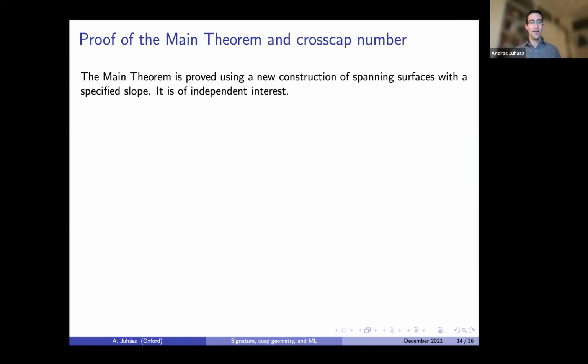Okay, so let me say a few words about the proof of this main theorem. This was shown by constructing a nice spanning surface with the specified slope along the boundary torus of the knot, which is of independent interest.